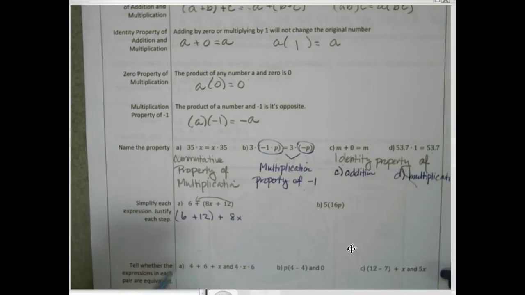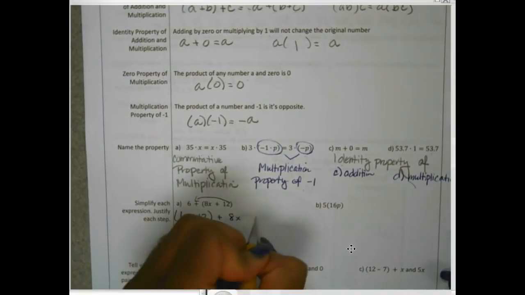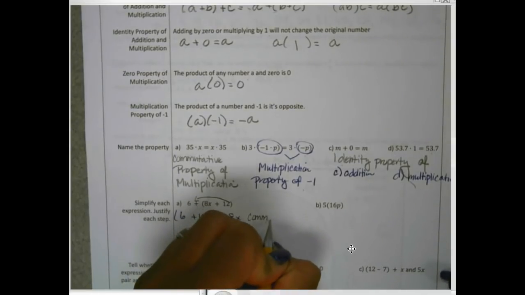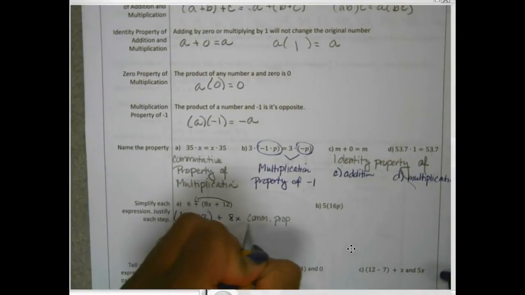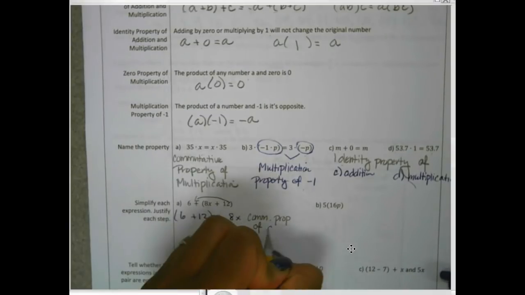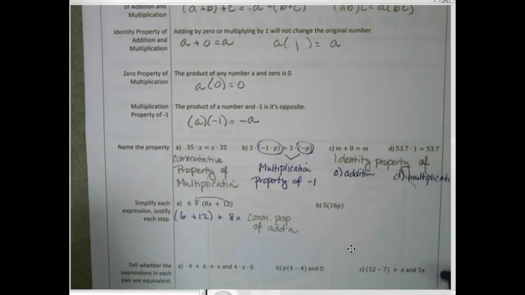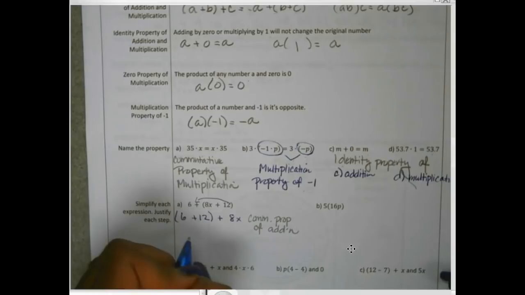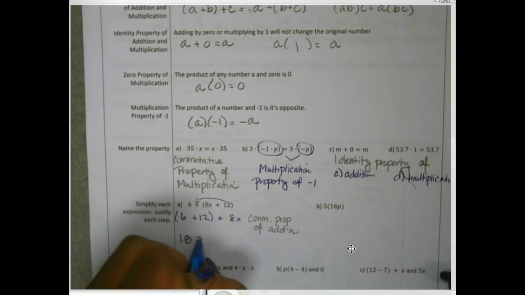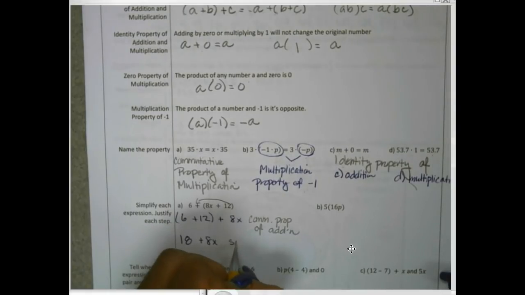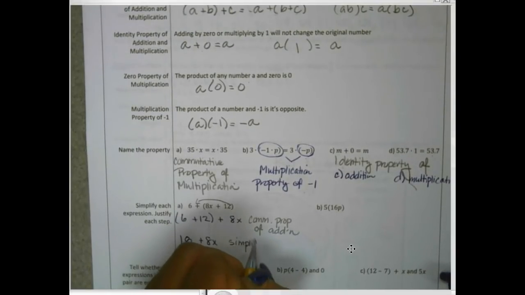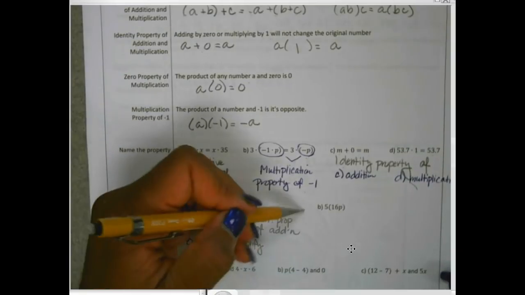I moved it. I commuted it. So it is the commutative property of addition, because I'm adding. And then I can add 6 plus 12 is 18. And that 8x will stay there. And for that, all I did was simplify. I didn't use a property for that, just arithmetic.